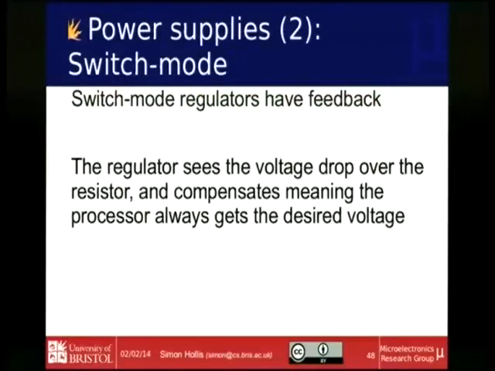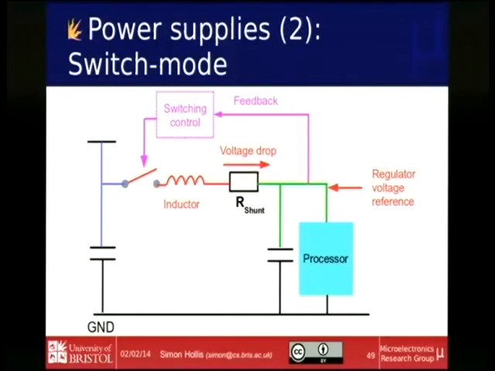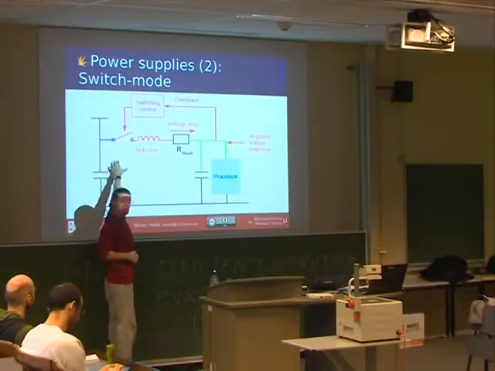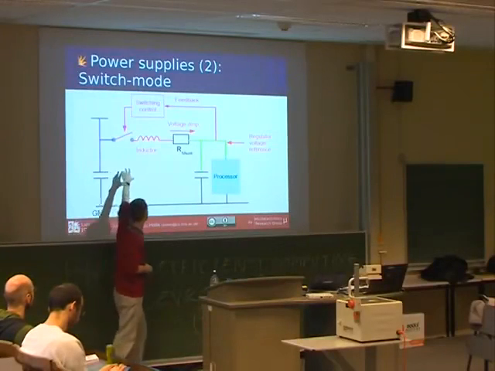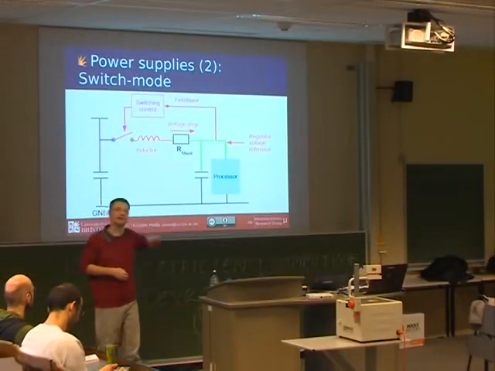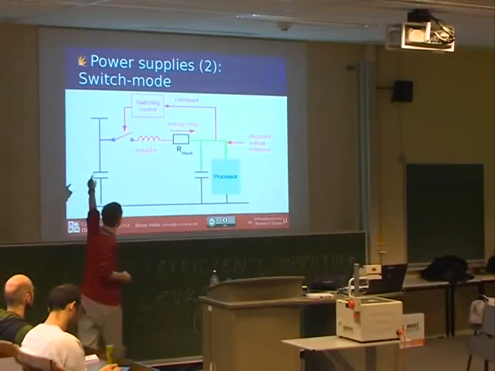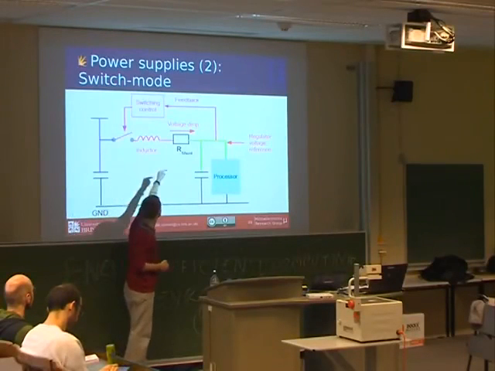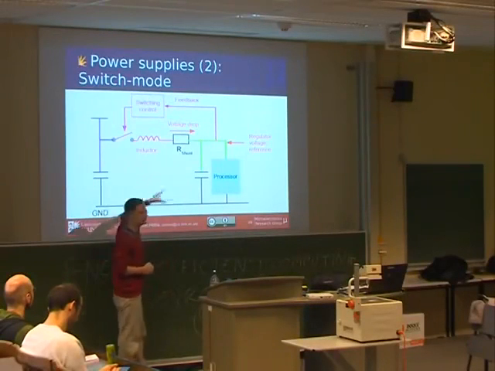Now with switch mode power supplies, we can get away from that, because the regulator has this feedback, it can measure the output and adjust for it. So here's a massively simplified diagram of a switch mode power supply. It is made by having a switch, a transistor, in series with an inductor, and this switch goes up and down really, really quickly to provide power, which is then stored temporarily in the inductor.